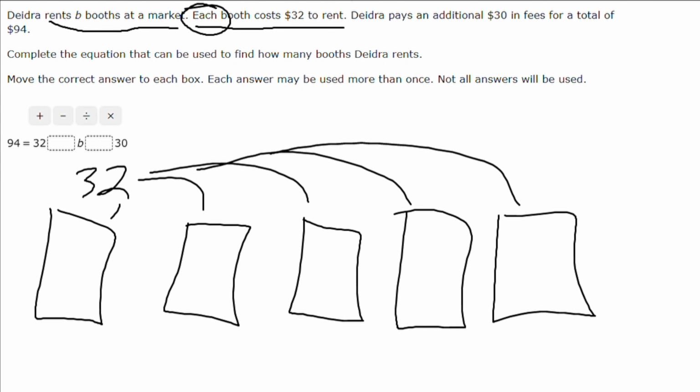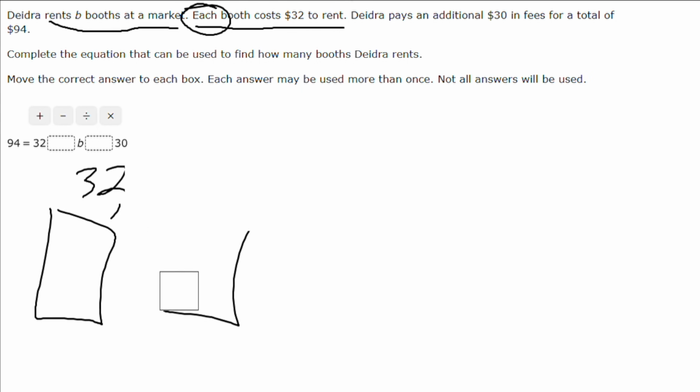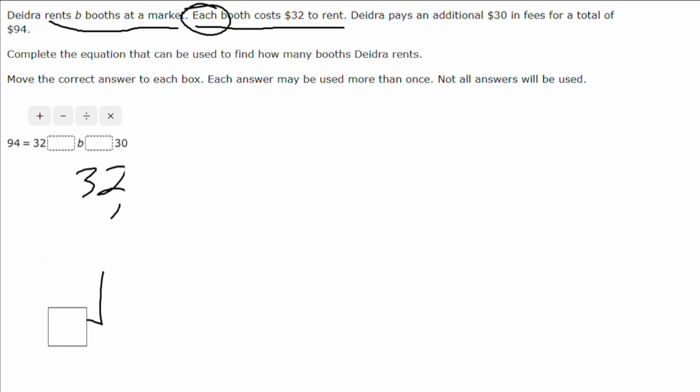The word each. Whenever I see the word each, that reminds me that I'm not going to be adding. Instead, I'm going to be multiplying or dividing. But in this case, we're not dividing, we're multiplying. Division is for when we want to get a smaller number. Multiplying is when we want to get a bigger number.